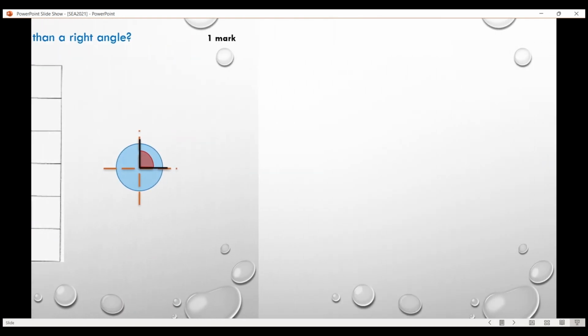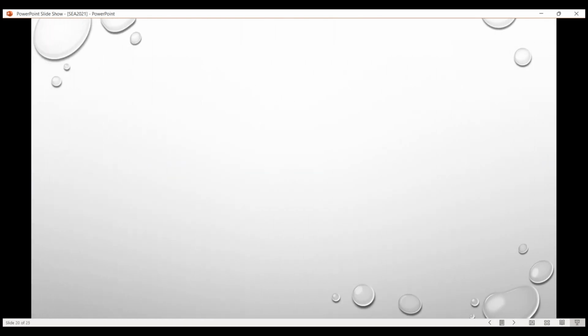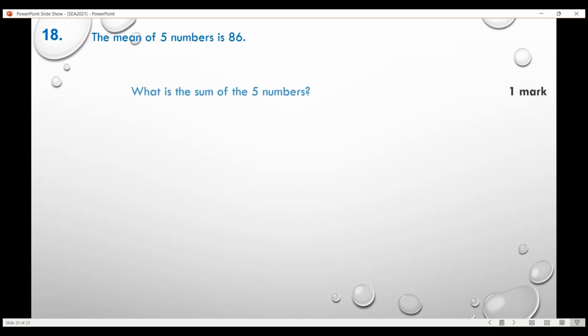Let's go to the statistics part of section 1, where number 18, the question asks, the mean of 5 numbers is 86. What is the sum of the 5 numbers?